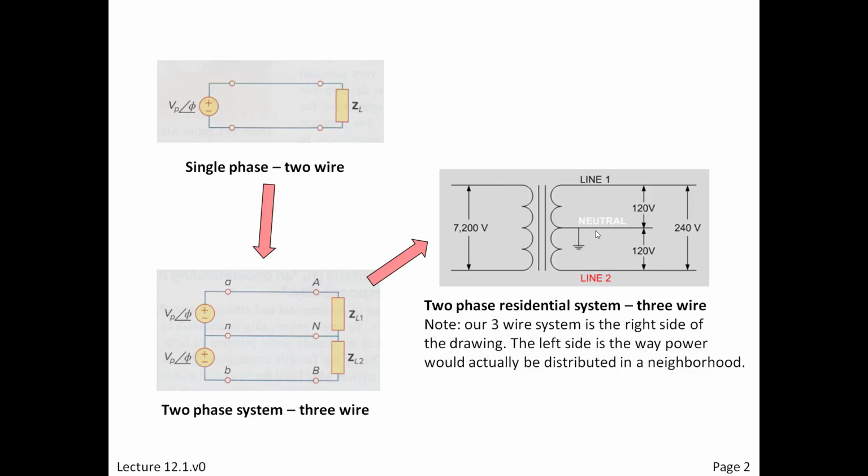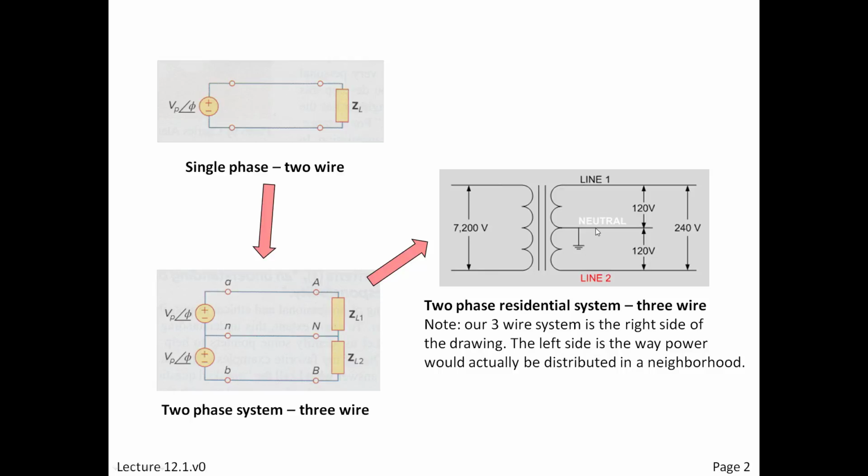Now another point I can make here, since we were talking about these phase angles: notice this is a three-wire two-phase system, and that's exactly what's going to be set up here. But notice now, and we'll see this for sure when we talk about transformers, these two, line 1 and line 2, are going to be 180 degrees out of phase.